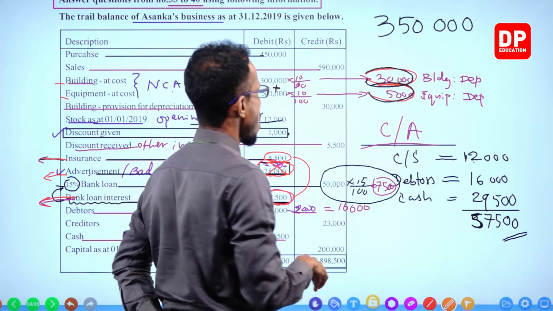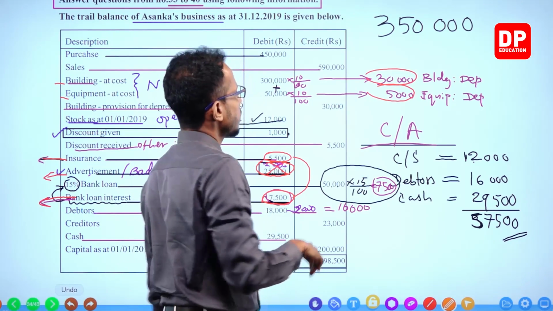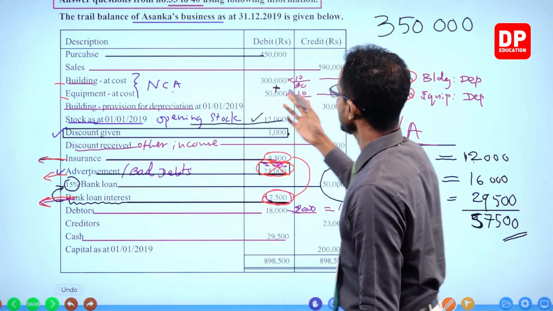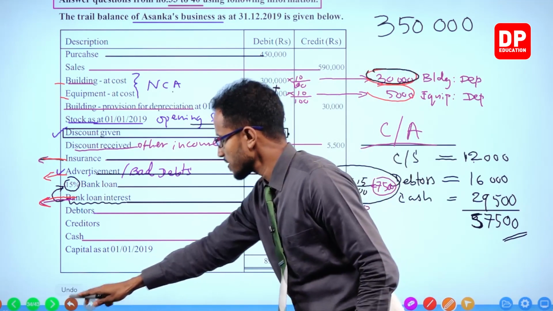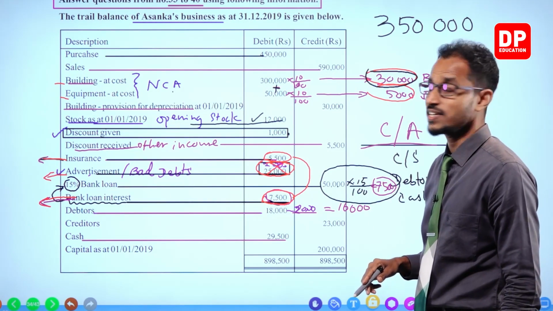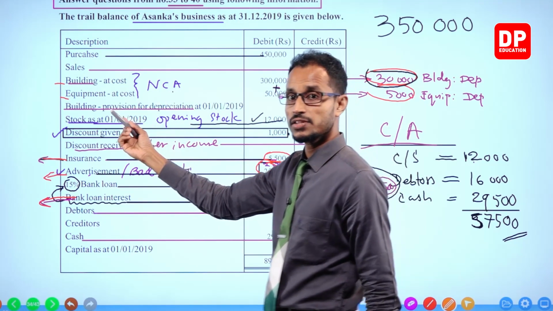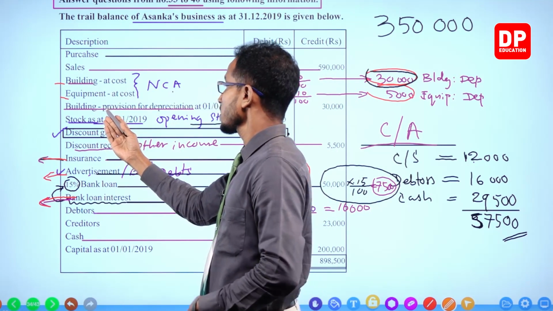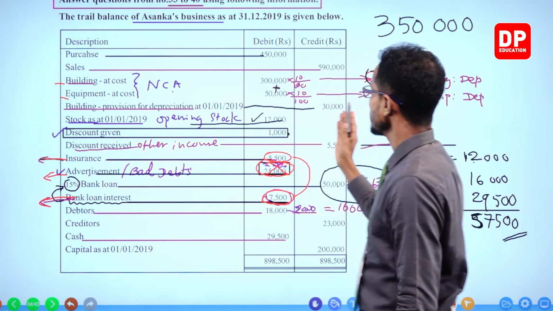Really? No. Not only these two. Building depreciation is 30,000. It's correct. But there is a provision here, babies. Look at your trial balance carefully, okay? Building provision for depreciation is 30,000.